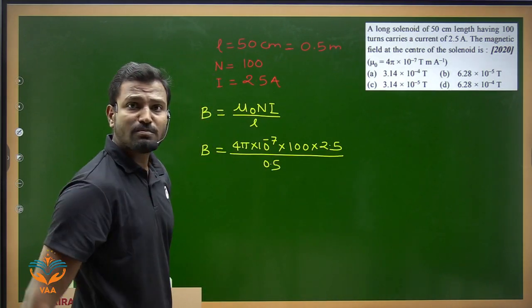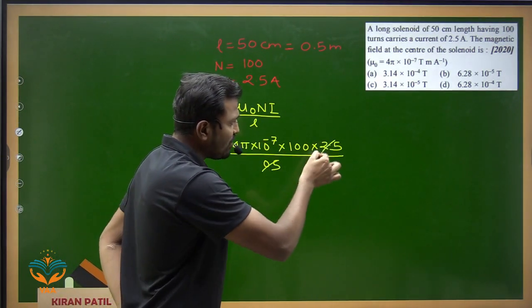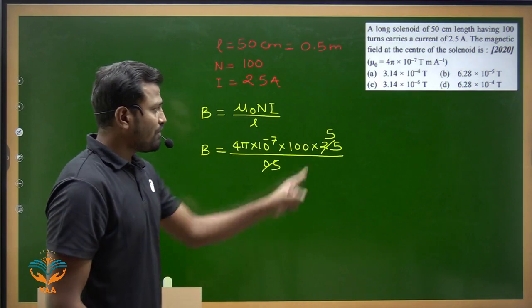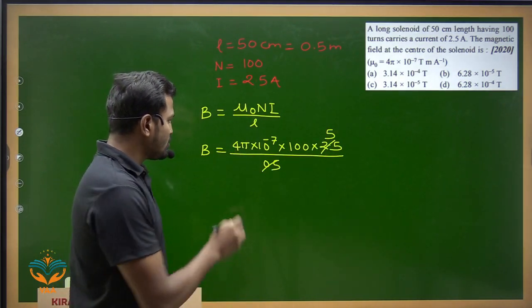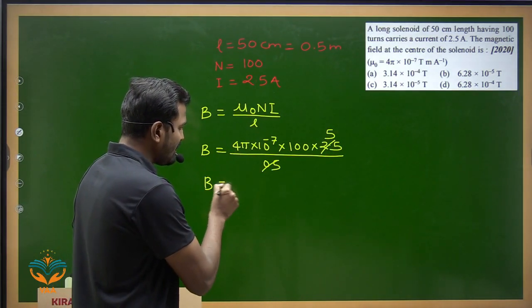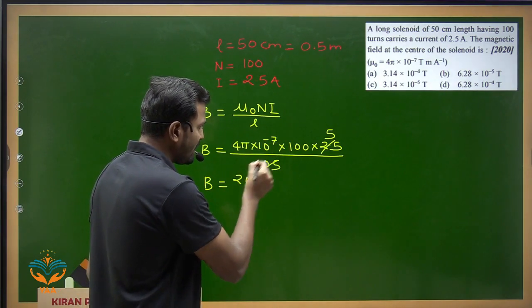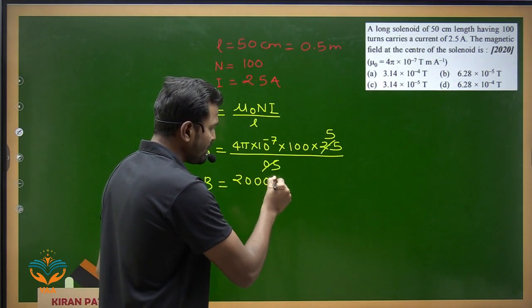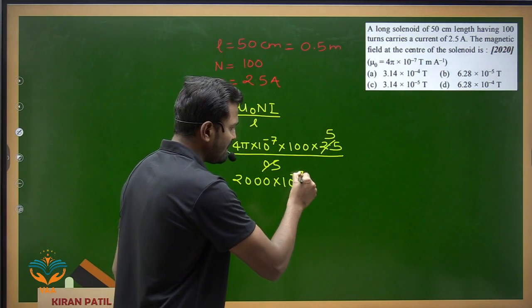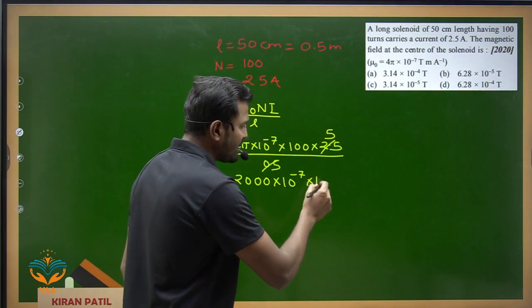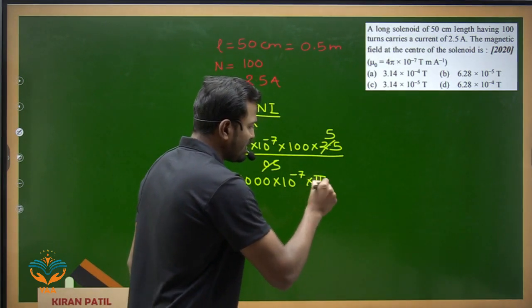If we simplify, this gets cancelled out and becomes 5. So 5 into 4 is 20. So B is equal to 20 into 100, 2000, into 10 to the power minus 7 into pi. The pi value we can directly write as 3.14.